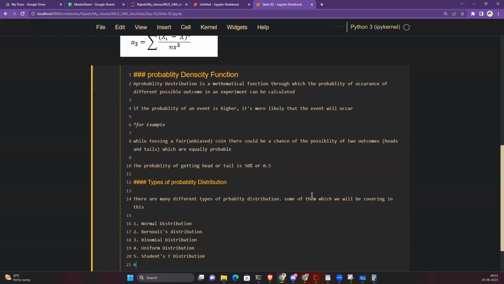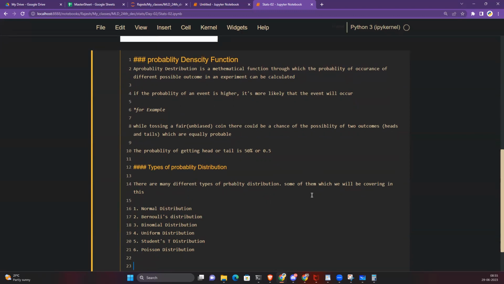Number six, Poisson distribution, P-O-I-S-S-O-N. Okay, so let's discuss each of them one by one, and then we can come to the conclusion, right?